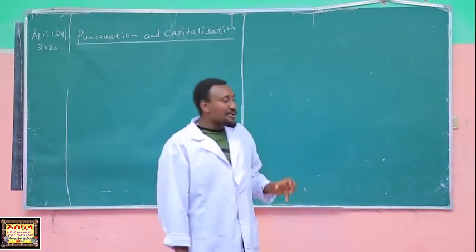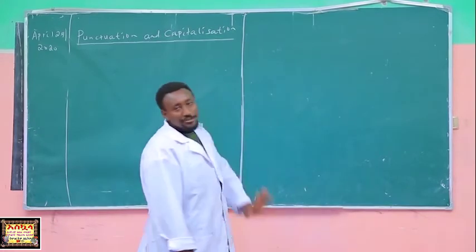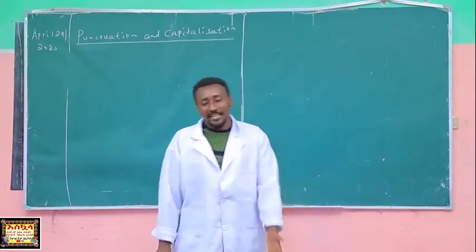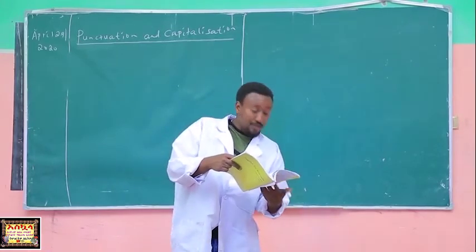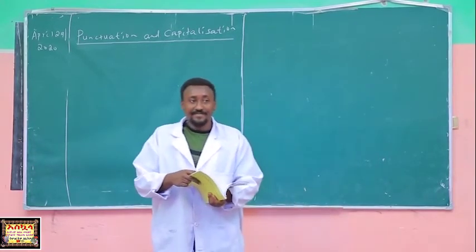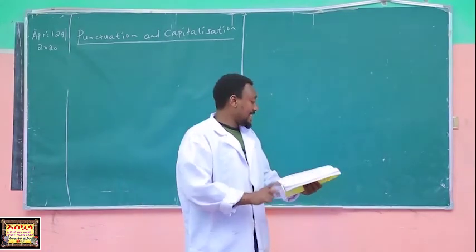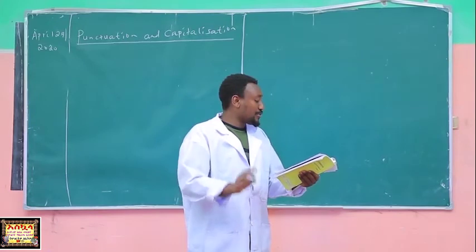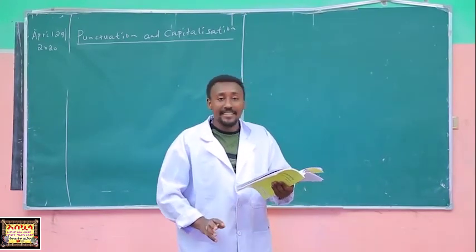Now, before I write the short notes about punctuation and capitalization, every student, all of you, open your books on page 8. And let's read two sentences. Rewrite the following short text using appropriate punctuation and capitalization.